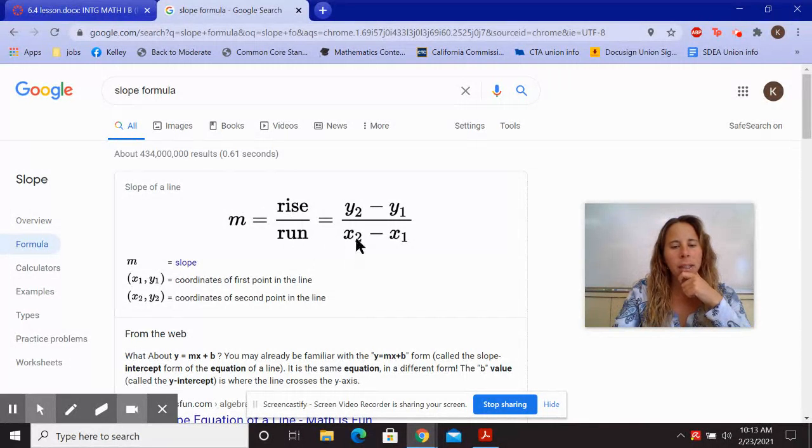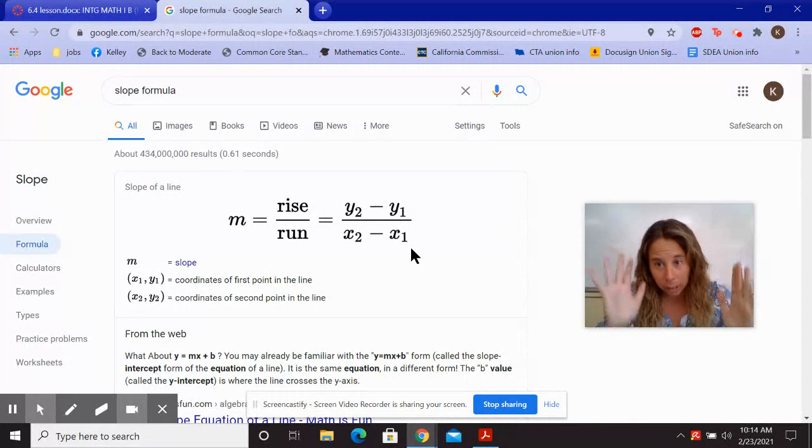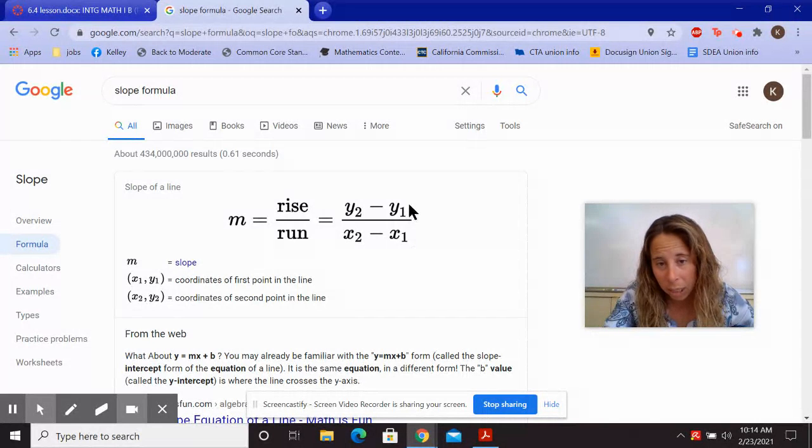You can think of it as y2 minus y1 over x2 minus x1. We're going to fill in this formula. You've also heard change in y over change in x. So we're going to use y2 minus y1 over x2 minus x1, which is just telling us the change in y and the change in x.